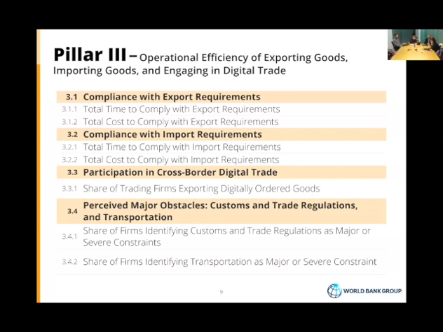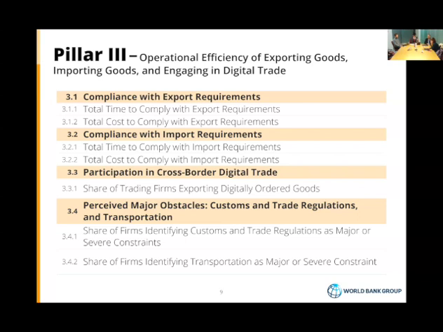The third category assesses the percentage of firms in the economy that export digitally ordered goods. Again, the intent being to capture the penetration of digital trade in an economy. And again, the backbone of Pillar 3, the intent for us to include these efficiency indicators, is embedded in the importance of how mitigating operational and transactional costs facilitates international trade.